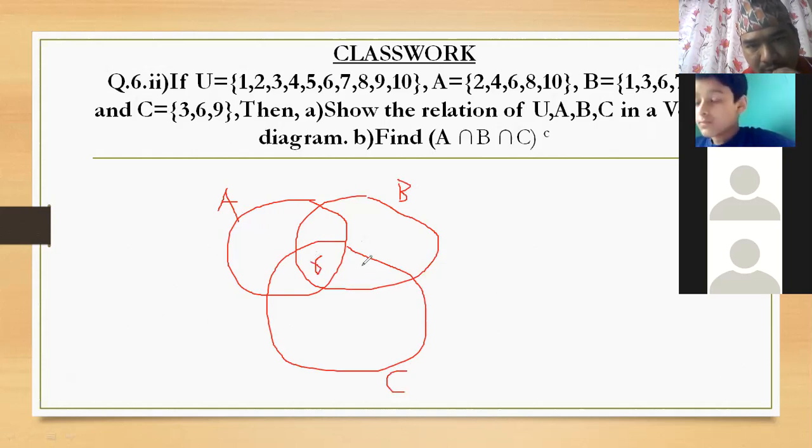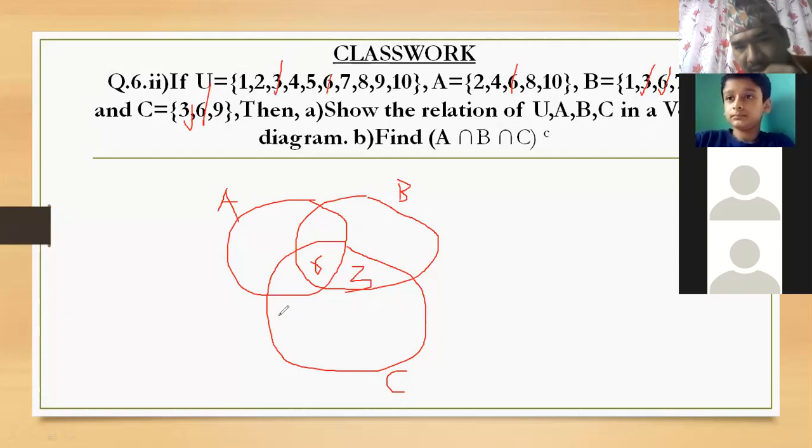And then we found common of B and C. There is no common of A and B only. B and C only, what was there? 3. Yes. We wrote 3, and 6 we wrote already. And from here also we wrote 3 and 6 already.